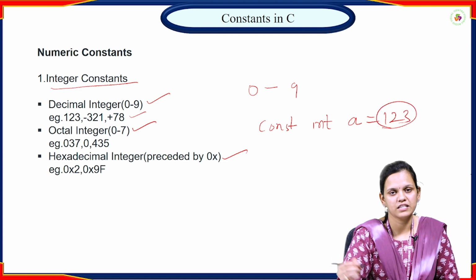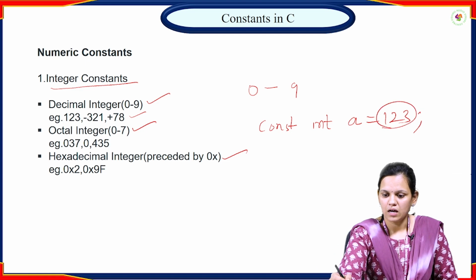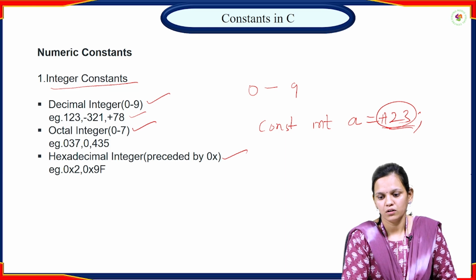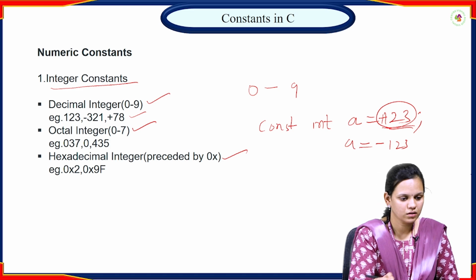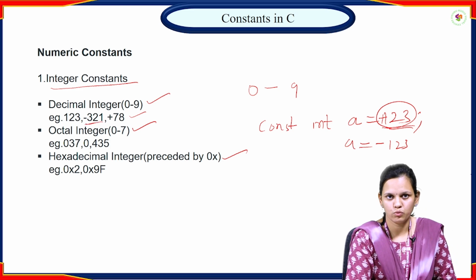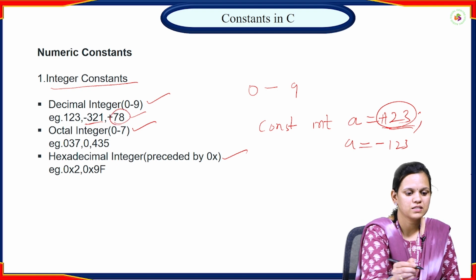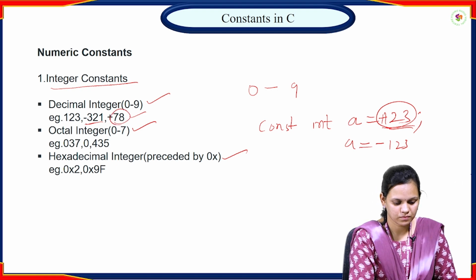This is a decimal integer constant. As this is a positive number, you may not include plus, it is optional. But if it is a negative number, you must include the minus symbol. So minus 321 is an integer constant, and plus 78 is also an integer constant.